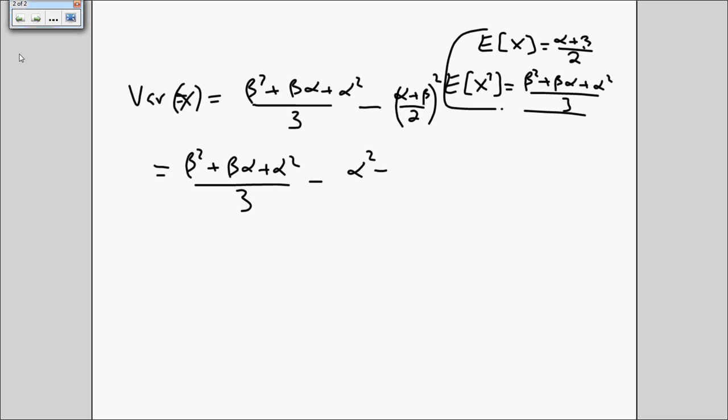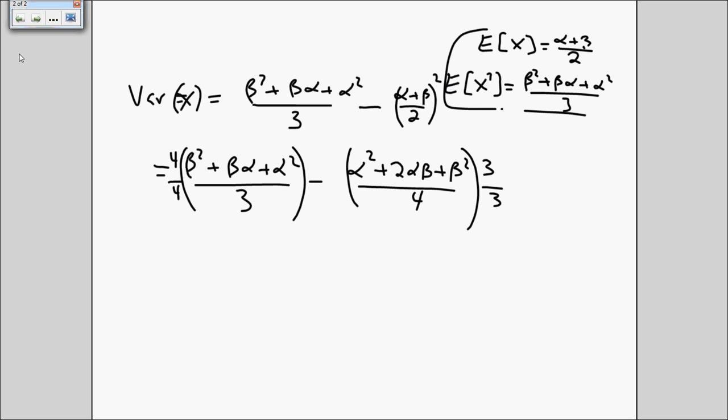You get alpha squared plus 2 alpha beta plus beta squared all over 2 squared, or 4. The common denominator is 12. I'm going to multiply this by 4 over 4. You want to change the way something looks, you multiply by 1. And multiply here by 3 over 3. Because 4 times 3 is 12.